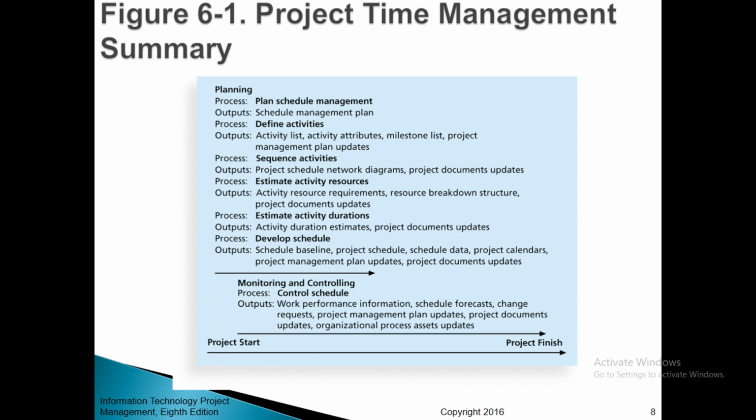The next process is estimate activity durations. The outputs are activity duration estimates and project documents updates. The next process is develop schedule, with the outputs being schedule baseline, project schedule data, project calendars, project management plan updates, and project documents updates.